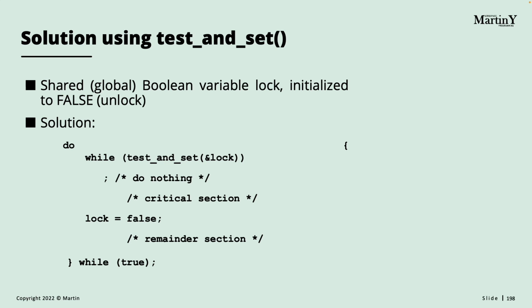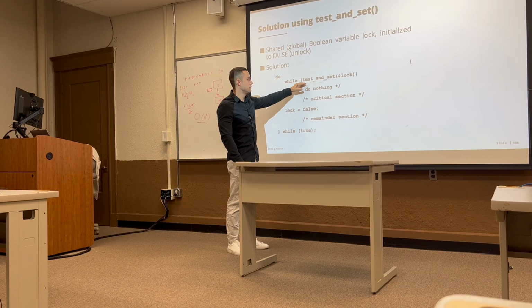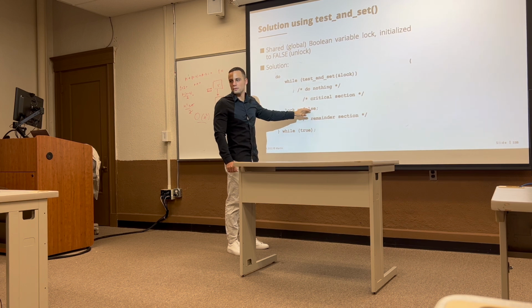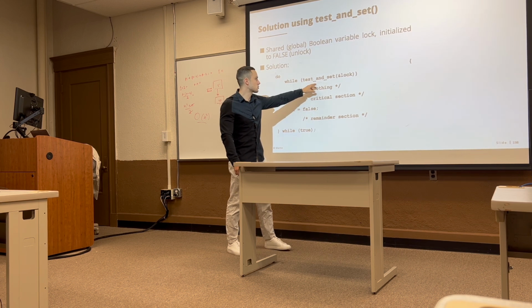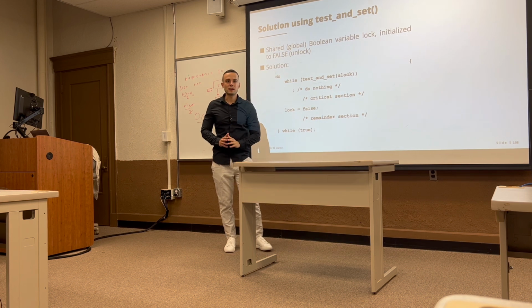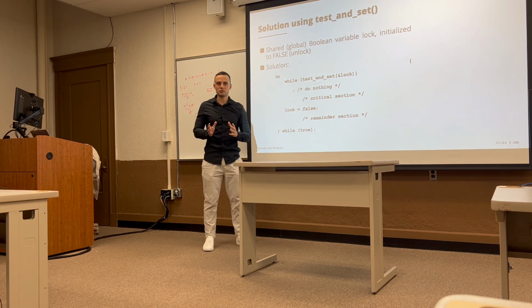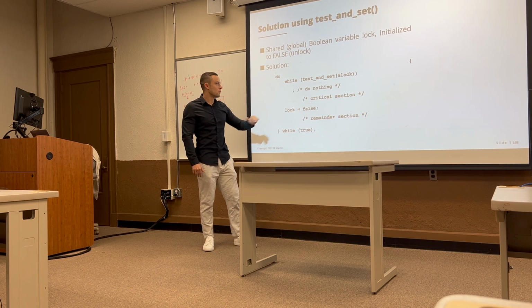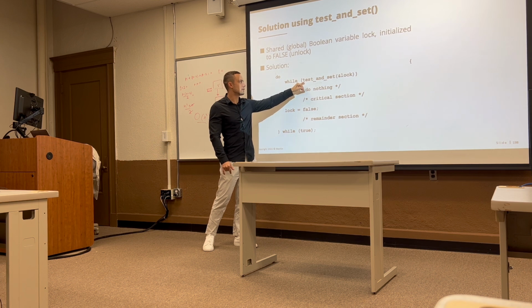So then in this while loop, if it is 0, we're going to break the while loop and enter the critical section. If it is 1, we're not going to enter it, because if this function returns 1, this means that the resource has already been locked. So we're just going to loop here until this becomes 0.